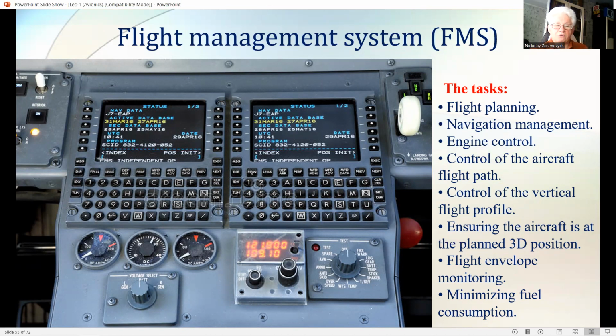The tasks carried out by the FMS include flight planning, navigation management, engine control to maintain the planned speed or Mach number, control of the aircraft flight path to follow the optimized planned route, control of the vertical flight profile, ensuring the aircraft is at the planned 3D position at the planned time slot, often referred to as 4D navigation. This is very important for air traffic control. Certainly flight envelope monitoring and minimizing fuel consumption.